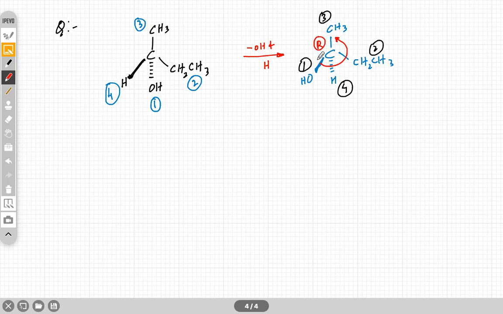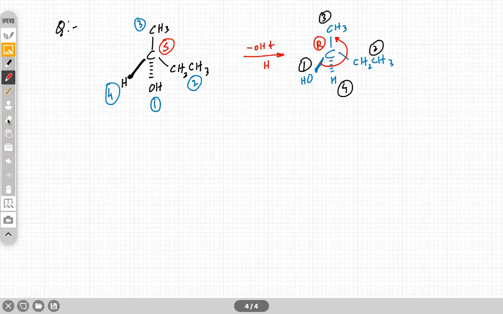So this one is R configuration. One pair of exchange gives you this. If this is R, then this must be S. Just a second.